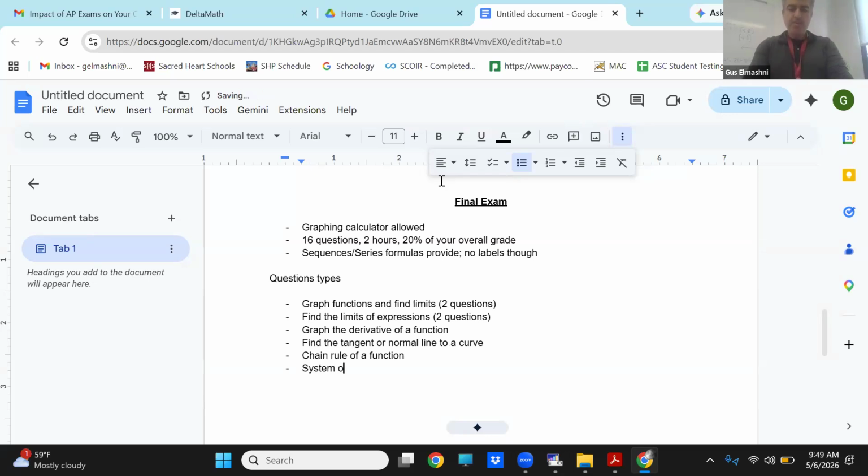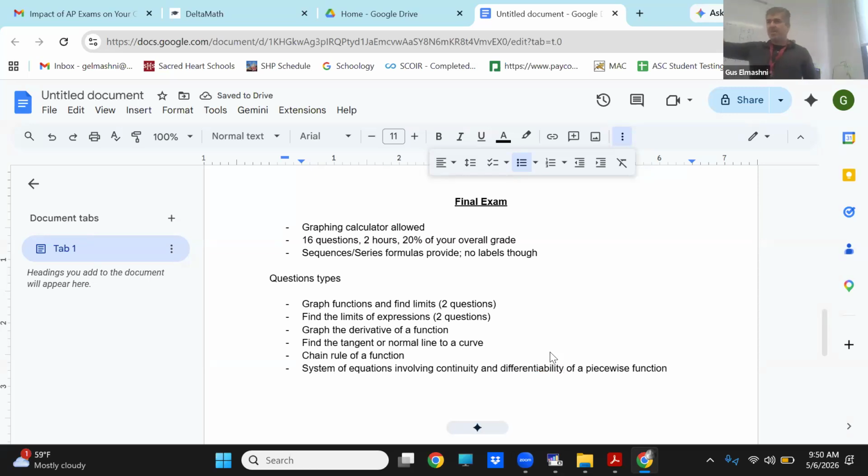System of equations involving continuity and differentiability of a piecewise function. Okay, I got incredibly granular here with you guys. Do you guys remember those questions?